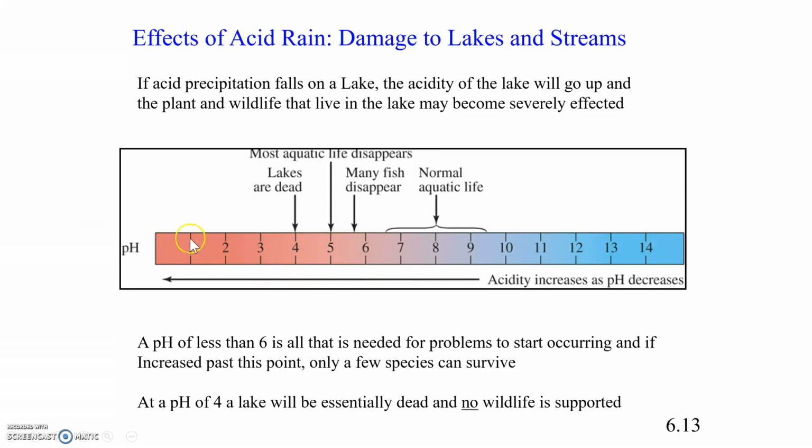As we decrease our pH as a result of acid rain, aquatic organisms can have a difficult time functioning. At a pH slightly less than 6, you see many fish species starting to disappear. This is a result of issues with those fish reproducing. If the fish can't reproduce because they are stressed as a result of the acid, then the population is going to decrease. If you continue going lower on the pH scale, adding more acid, you can totally remove all of the aquatic organisms from a lake.